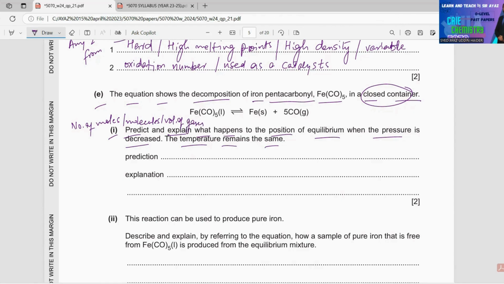On the reactant side, it's 0. You can't see any gas here. What about the product side? It's 5. We have only one gas, carbon monoxide, so 5 moles of carbon monoxide. So if you decrease the pressure, it will shift to the side with the higher number of moles. So the equilibrium definitely shifts to the right hand side, the product side.